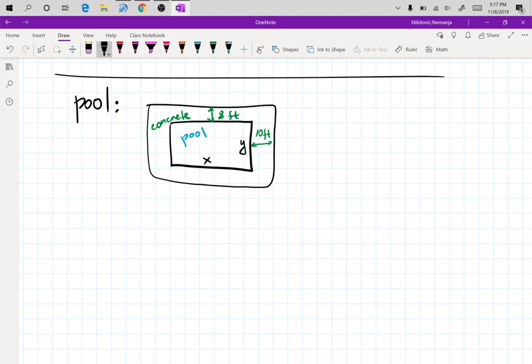You know that the pool has an area, so that's important, of, let's go with 5,000 feet squared. There we go. So, the area of the pool is 5,000 feet squared.